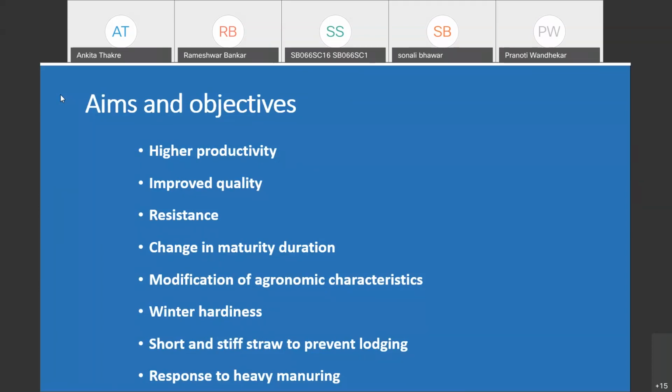That means plant breeding consists of different principles and methods which are used to change the genetic constitution of the plant. Okay, that is the concept of plant breeding.